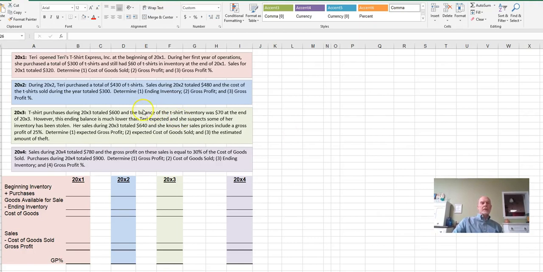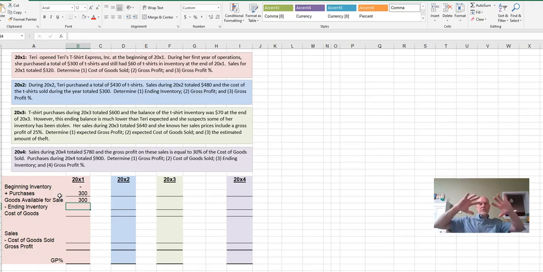So in year one, Terry opened up Terry's T-Shirt Express at the beginning of 20x1. During her first year of operations, she purchased a total of $300 of t-shirts. So we had $0 to start with, but then we purchased $300 of t-shirts. When you add those two together, our goods available for sale is $300.